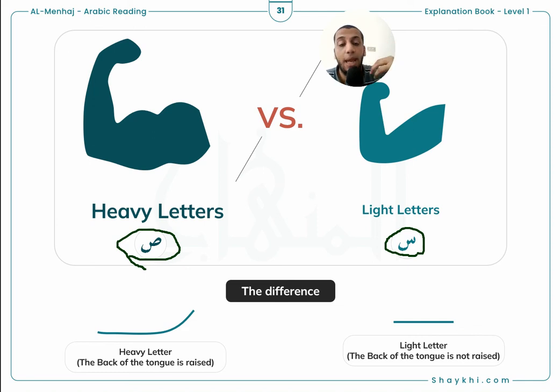They think that to make a letter heavy they have to change the shape of the lips or the mouth and say it like this, and this is completely wrong. You have to say it like this, غير المغضوب عليهم ولا الضالين, without any change of the mouth or lips. The matter is just related to the back of the tongue. If it's raised, the letter will be heavy. If it's not raised, the letter will be light.